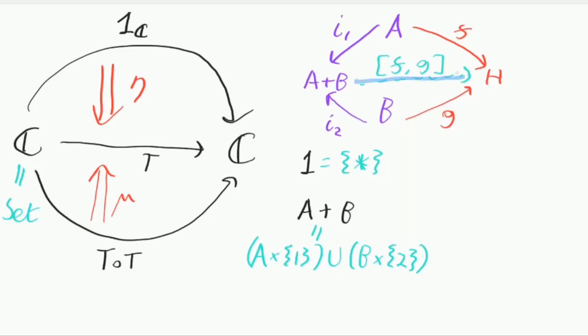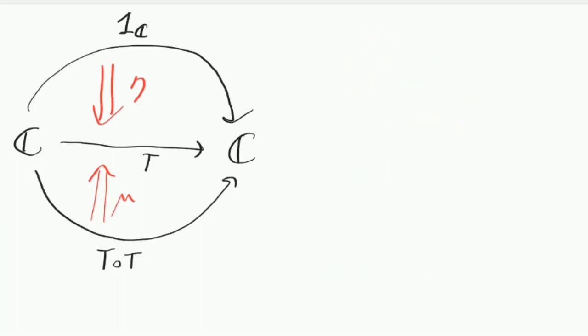And this co-pairing here, [F, G], acts like the function F on the elements which came from A, and it acts like the function G on the elements that came from B. And that's why this diagram commutes, because just doing F on an element of A is equivalent to injecting that element into A plus B and then doing this co-pairing map upon it, for example. So that's something about the underlying structure. We'll keep this notion that we might be working in Set in the back of our minds, but really we're just going to assume that this category C simply has a terminal object 1 and it has all coproducts.